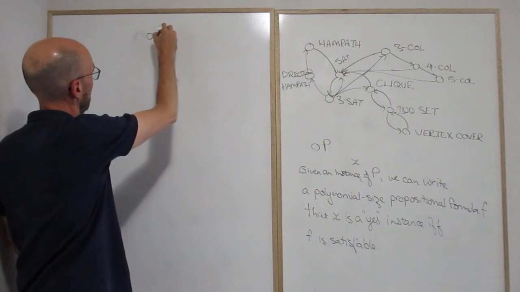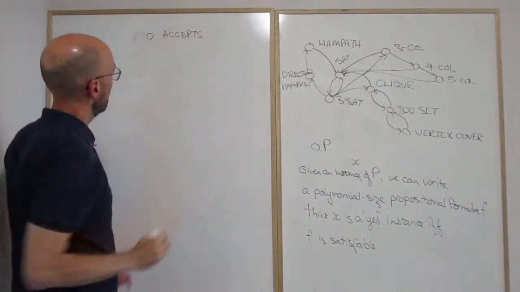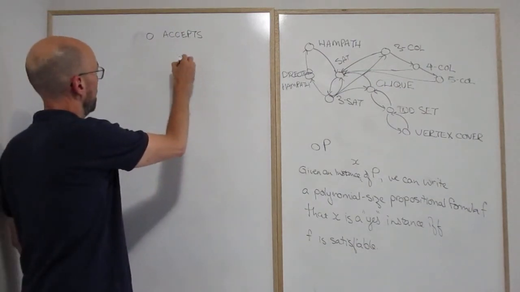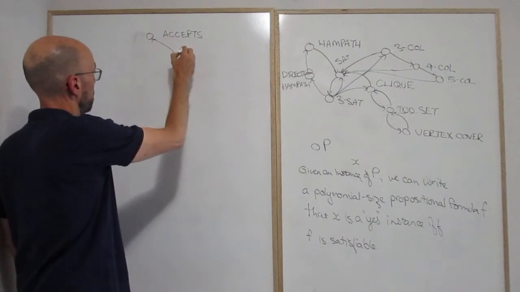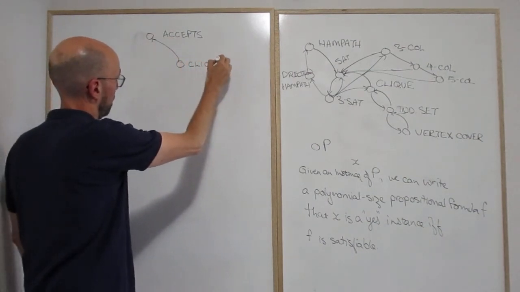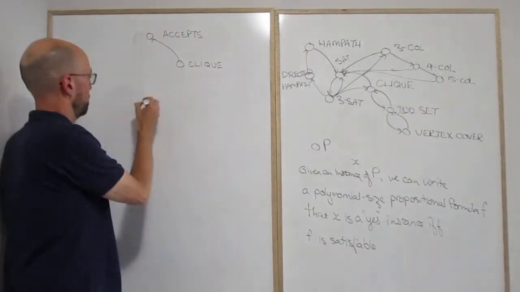And let's see that clique reduces to accepts. So accepts is this problem.